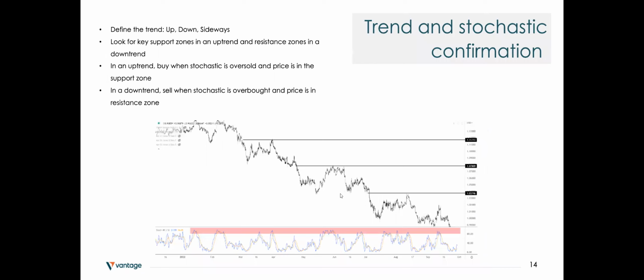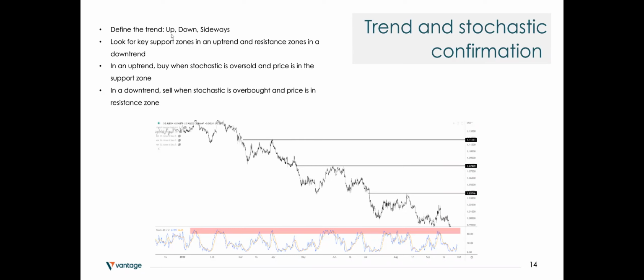So I'm going to go through the steps in which you can use your stochastic indicator. First and foremost, you need to understand what the trend is. Is it going up, is it going down, or going sideways? Because in an uptrend, there'll be very few signals in the oversold region.